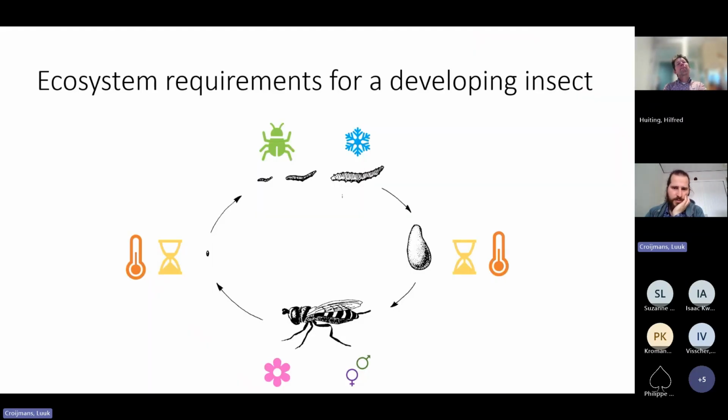Why that is the case, I just wanted to illustrate with this life cycle of a hoverfly, in Dutch zweefvlieg. Some of their species have larvae that are predators of aphids, so they're important natural enemies for pest control. But these hoverflies need different things throughout their life cycle. Their larvae eat aphids, so they need an aphid source.